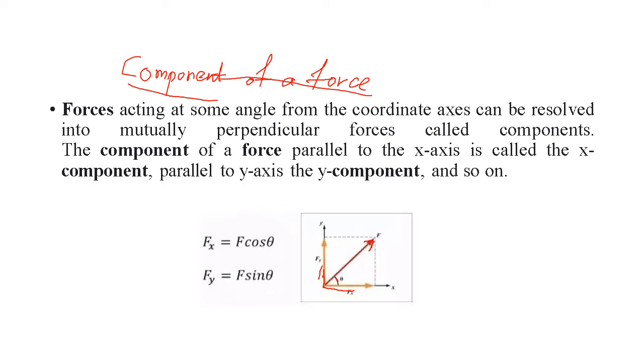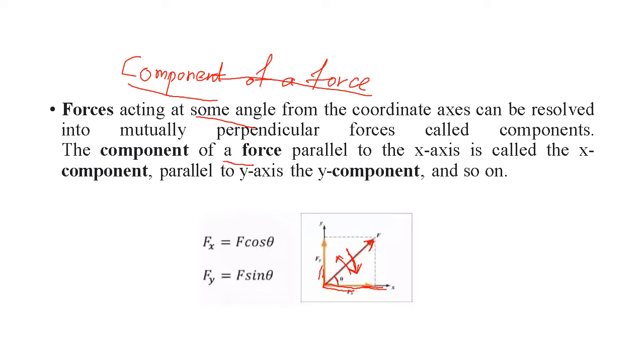A force acting at some angle from the coordinate axis can be resolved into two mutually perpendicular components. It can be resolved along the y axis or along the x axis. These are called components. The component of a force parallel to the x axis is called the x component.